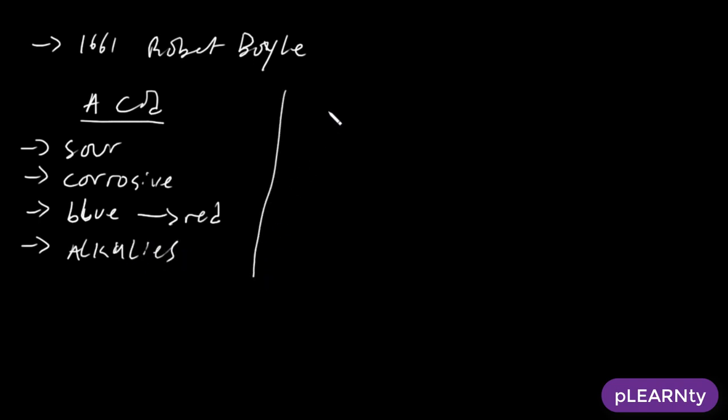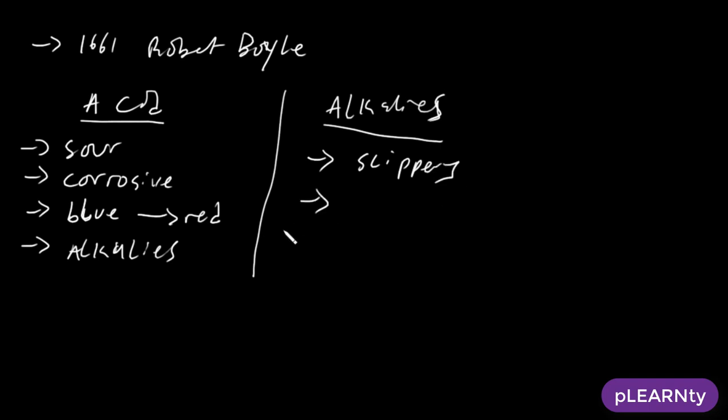And then he defined alkali based on their properties as well. He said alkalis feel slippery and they can turn red litmus paper to blue. And this property of alkali as well can be reduced when you add an acid.